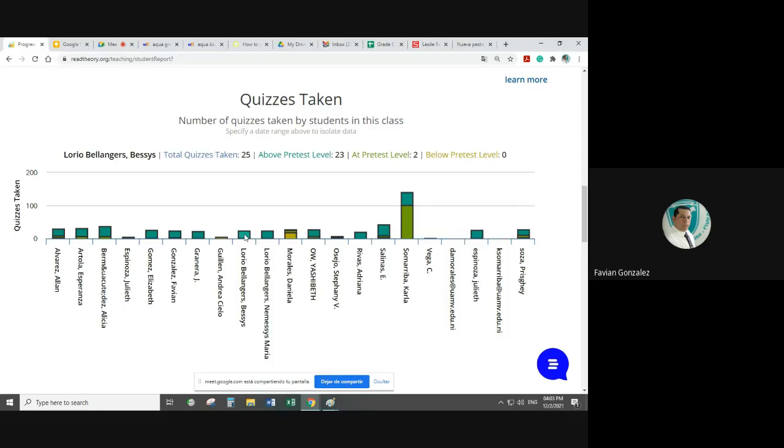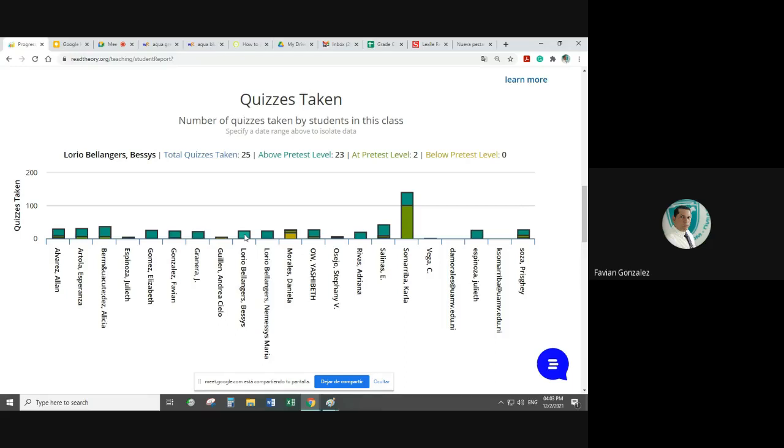For our English program, we only want to pay attention to the passages that are above the pre-test level, the aqua green color that marks the number of passages.